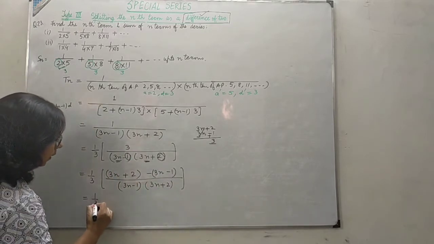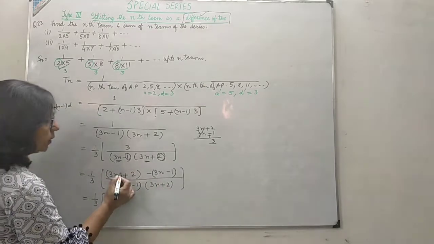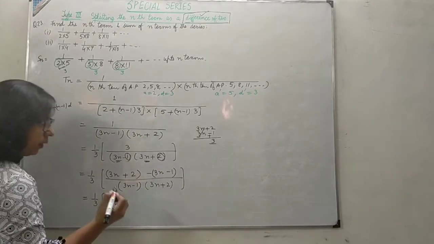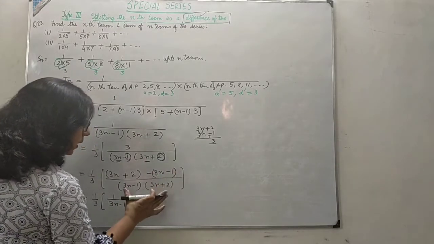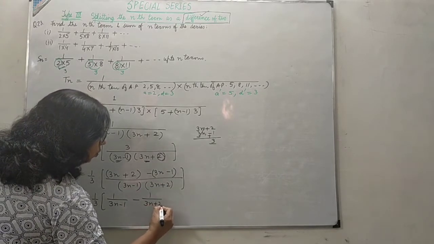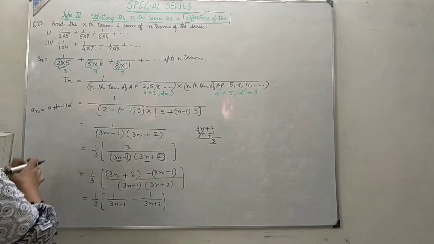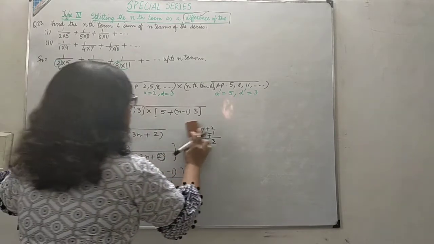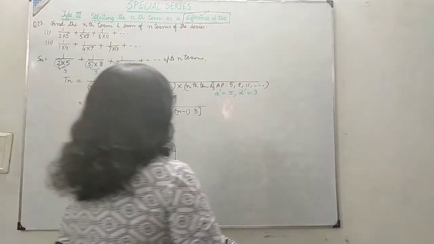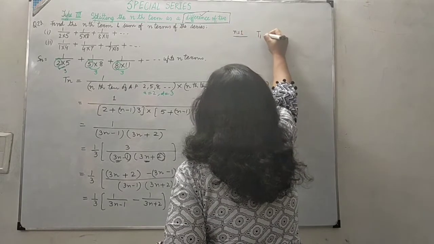So if I break it now, this first term divided by the denominator, this gets cancelled and we are left with 1 upon 3n minus 1. And then minus this again divided by this term, 1 upon 3n plus 2. So till here we have got the general term of this sequence. After that we want to find the sum of the series. For that I will take n as 1 and write t1.